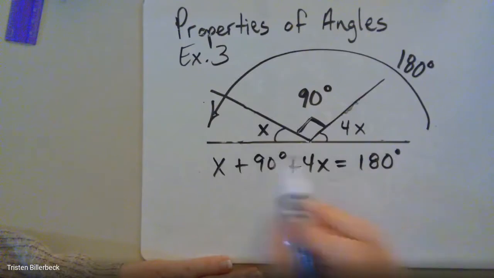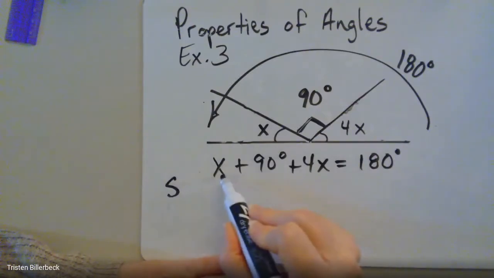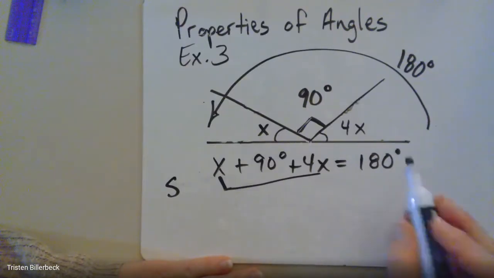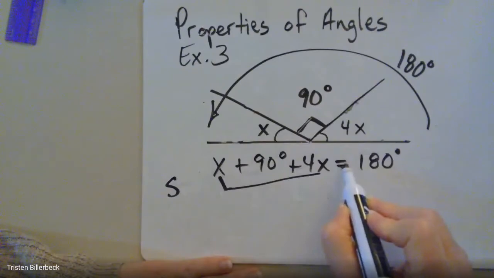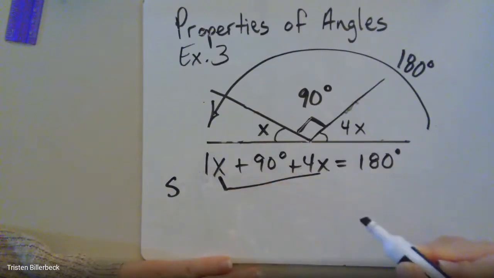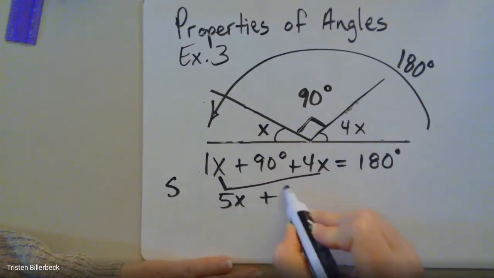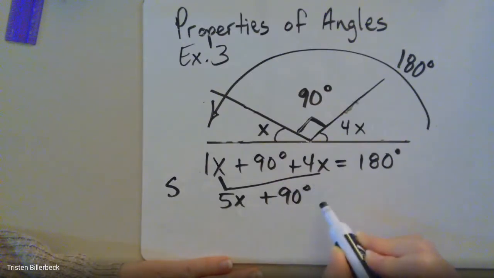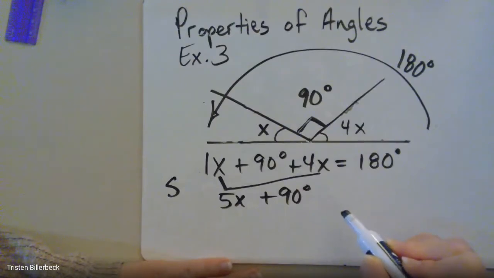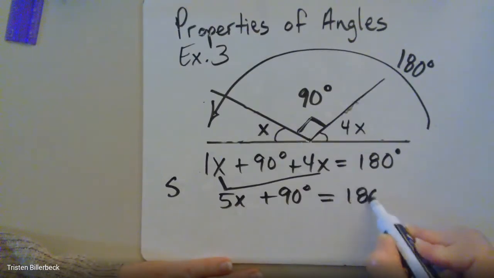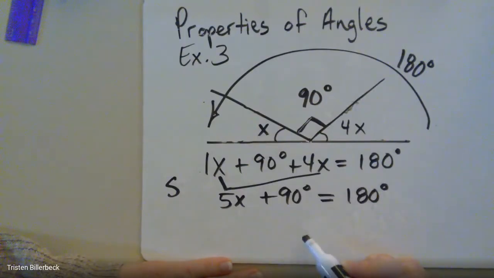We have to simplify because we have this term and this term, which are variables, and they can be combined. So x plus 4x, or really that's a 1x plus 4x, is 5x, plus 90 degrees, which is a constant and can't be added to a variable, equals 180 degrees, which is also a constant.